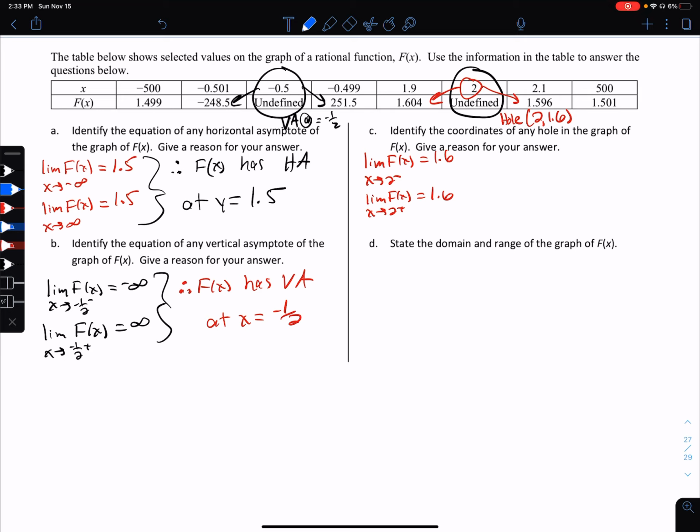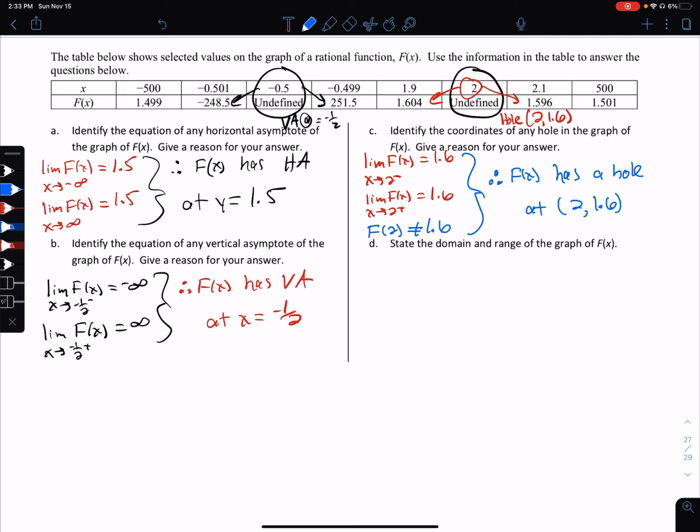If we couple that with this function evaluated at 2 does not equal 1.6. How do I know that? Because this function evaluated at 2 is undefined. Those three things together point me to the fact that f of x has a hole, or point discontinuity if you prefer, at 2 and approximately 1.6.